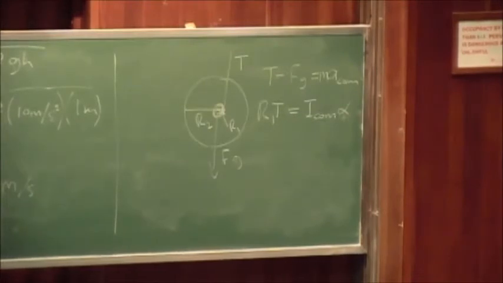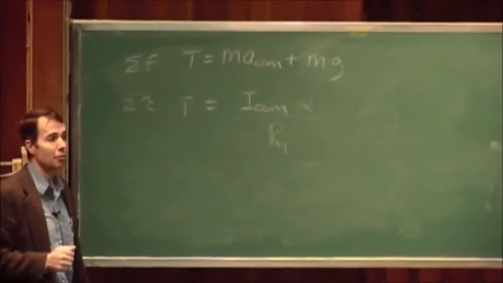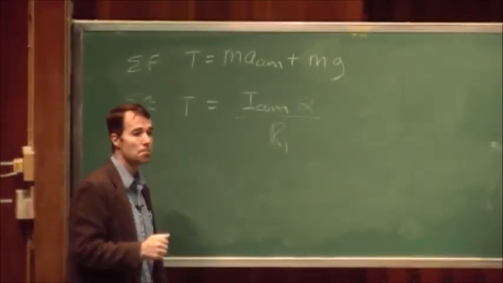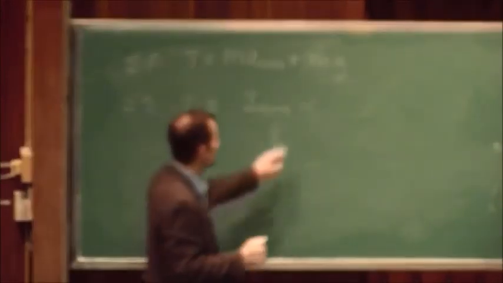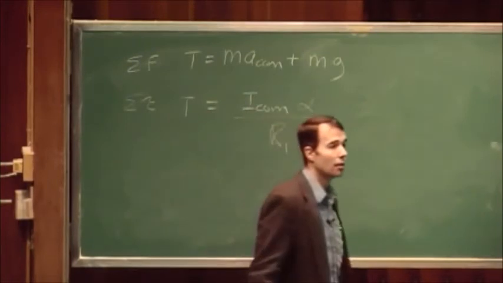Okay, so now if I look at this, the acceleration of the center of mass is going to be given by what? So how would I relate alpha to the center of mass here? Yes? I have a question.